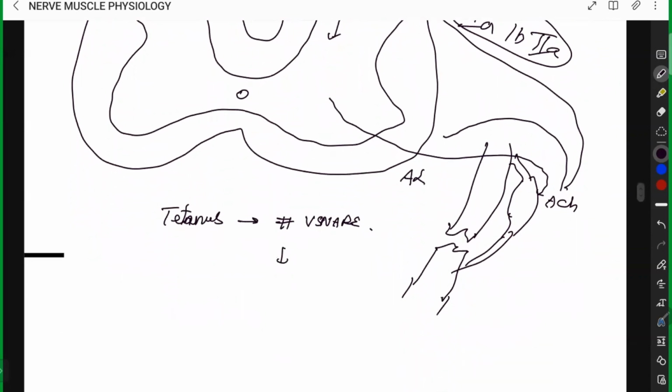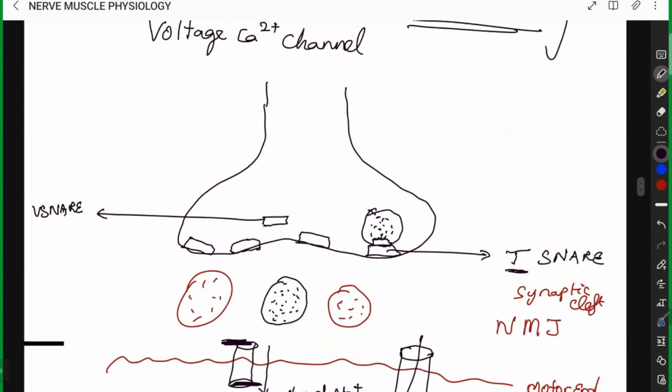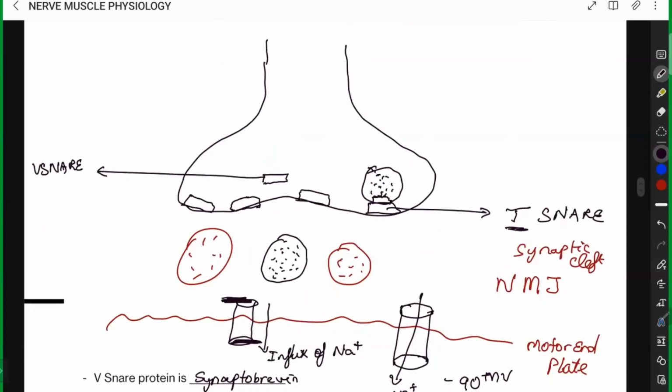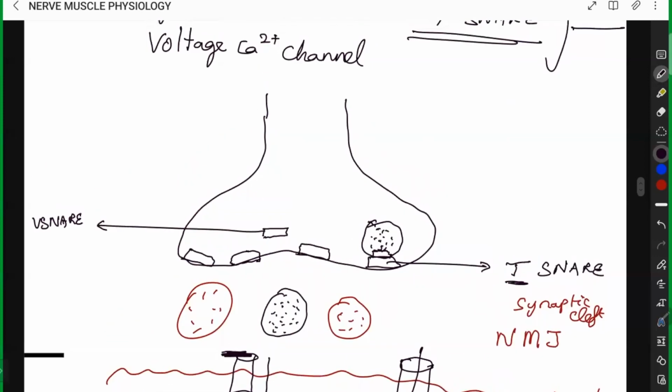If I inhibit the V-SNARE, acetylcholine will not be released. You're going to inhibit the interneurons. So for this V-SNARE to come and sit, understand very carefully, you're going to block your V-SNARE.